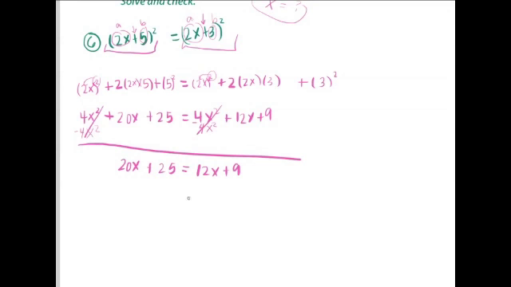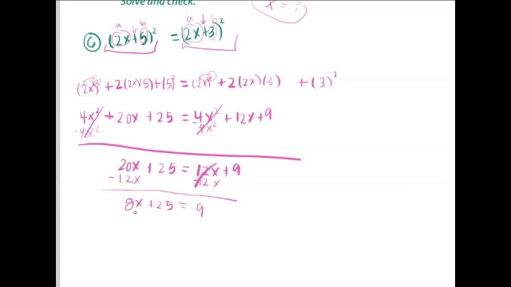Okay, almost there. Remember, I'm trying to get all my x's on one side, so let's move this 12x over. So we're going to subtract it over. This side cancels. 20x minus 12x is 8x. Okay. Last step here, what are we trying to do?